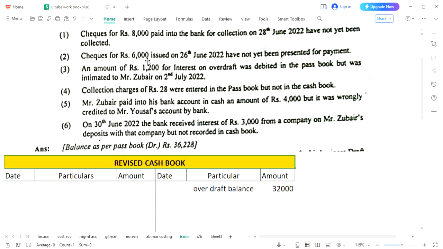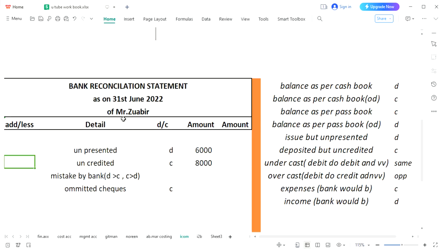Now next line is an amount of rupees 1200 interest on overdraft. What is this overdraft? Small loan, and we pay interest. Please understand, we pay. So it's an expense. Expense should be written on credit side. So we will be crediting interest on overdraft. Now the question is whether we will write on revised cash book or we will write in BRS.